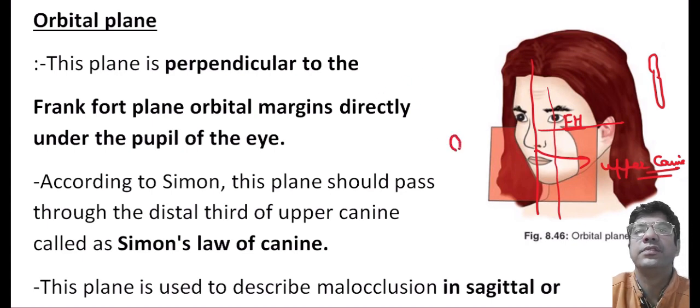Suppose this one is the canine and this one is the distal surface.